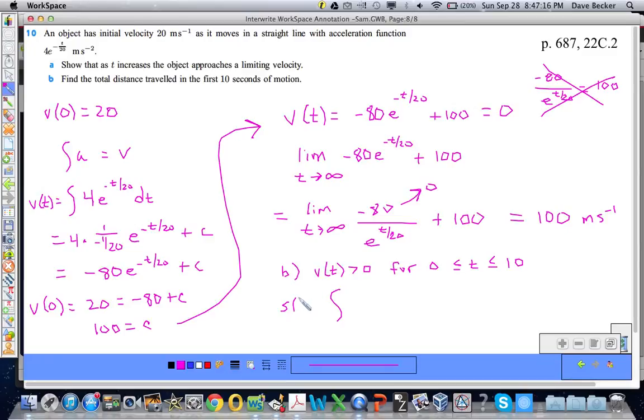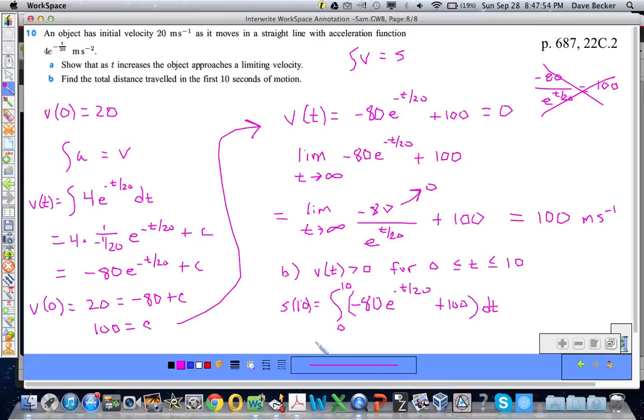Then I just have to take the integral. s of 10 is equal to the integral from 0 to 10 of the velocity function, because the integral of velocity gives us displacement. So we take the integral of negative 80 e to the negative t over 20 plus 100 dt.